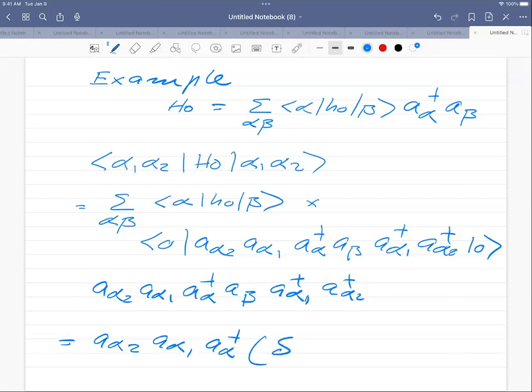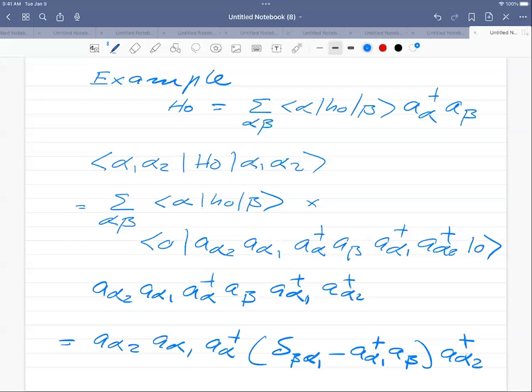So we get a Kronecker delta of β, α1. And then we have a minus a_α1 dagger, a_β. And then this is multiplied with a_α2 dagger. So that's the first manipulation, where we now are trying to bring one of these annihilation operators to the right. So that will give us immediately, when we calculate this expectation value, something which is equal to 0.